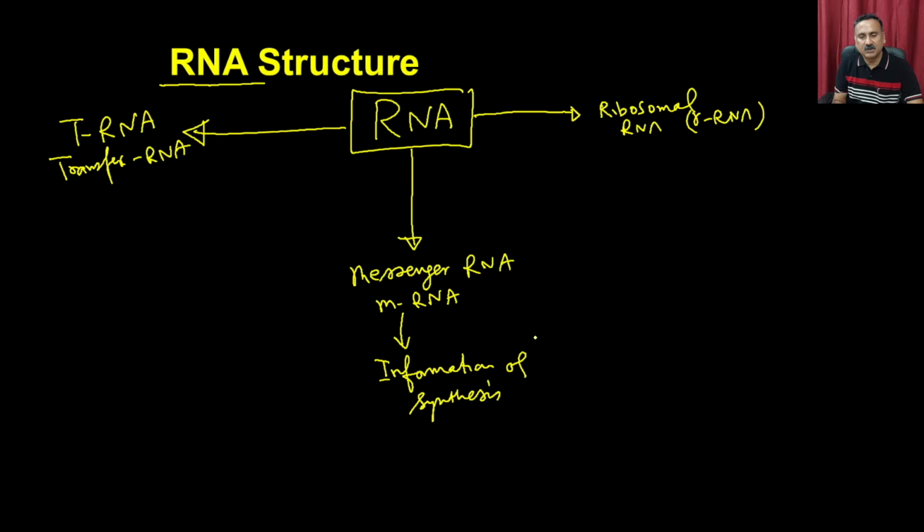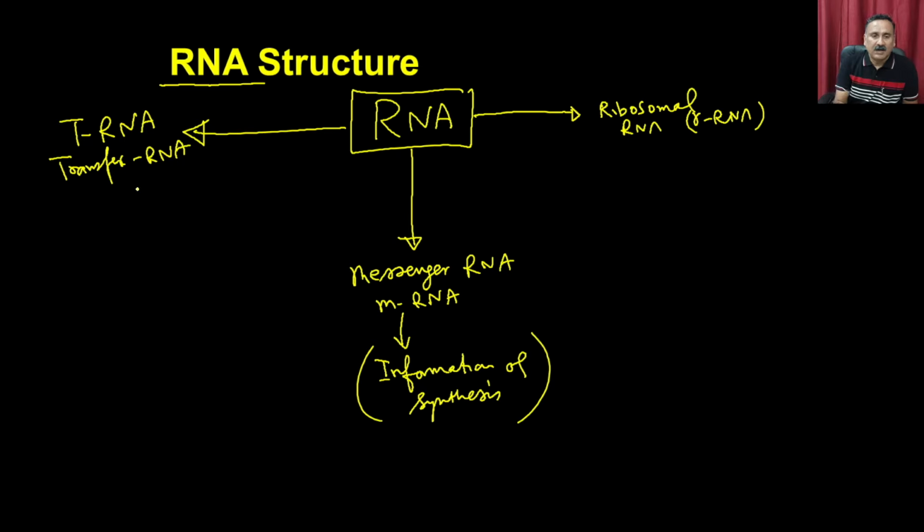For example, if I want to start writing a letter, I first have to know what the sentence is. If I know the sentence, then my brain is going to read that sentence, and that sentence is nothing but this messenger RNA. And then I am going to bring A, B, C, D, like that. So that A, B, C, D information is this.